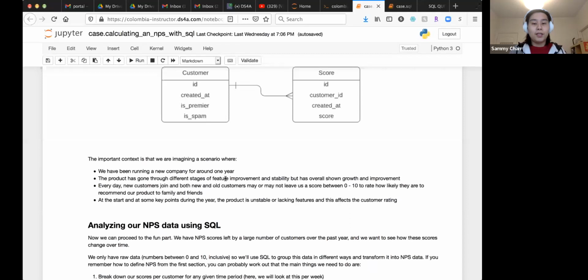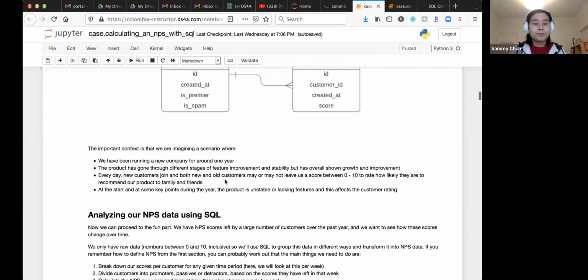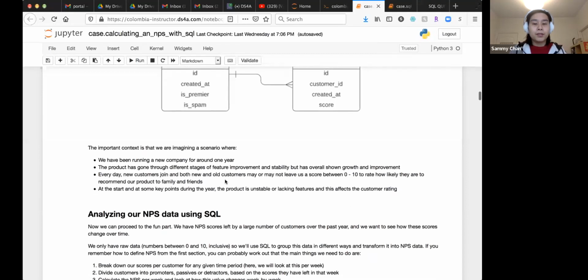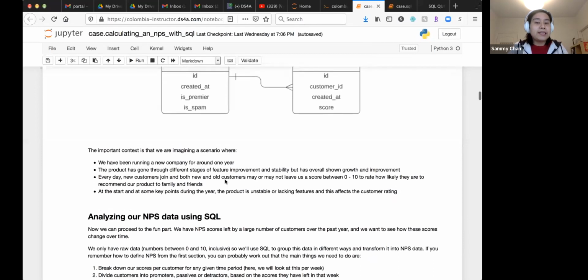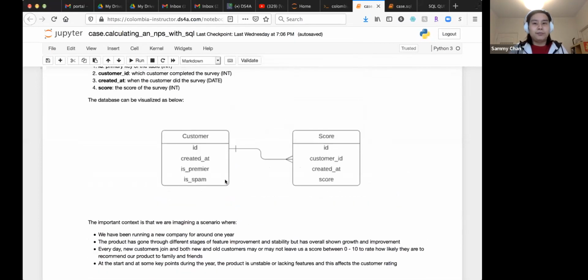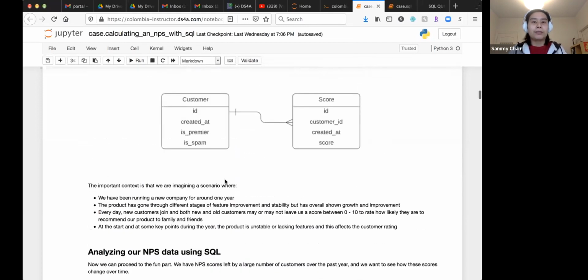So keep in mind that since the business setting is a startup, we might have some features that are not working super well, or there might be some bugs in our product.